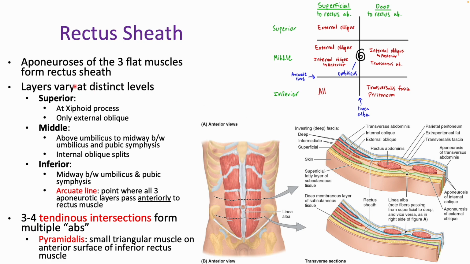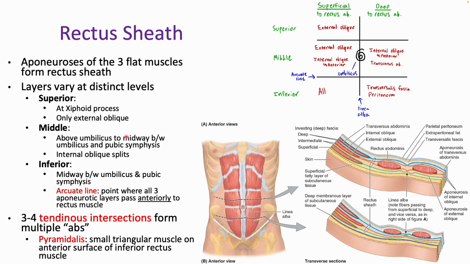This is just a simplified drawing that looks at it in three different regions. We're going to have a superior look, which will be higher up, a middle look, which will be around here, and a more inferior look down here. You can see this point here is our umbilicus, so that's going to be right here, and then we're split right there.